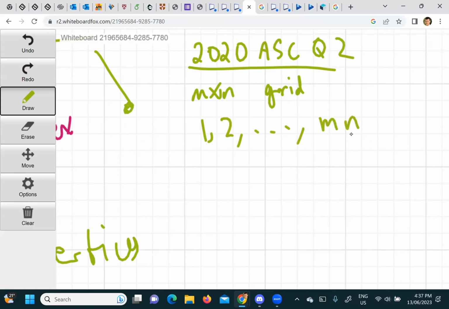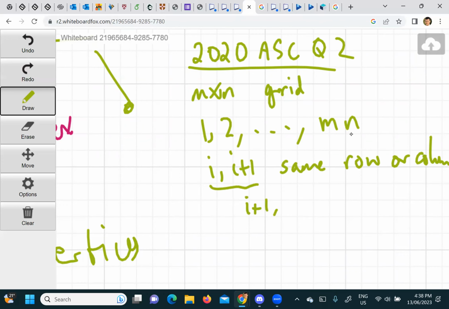Such that consecutive numbers, so like i and i plus 1, they have to be in the same row or column, yeah? But if this is in the same row or column, then the next one has to be, so if this is same row, then the next one has to be same column, yeah?